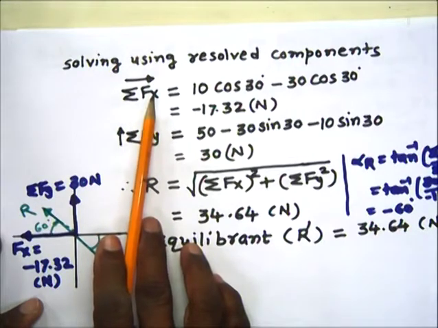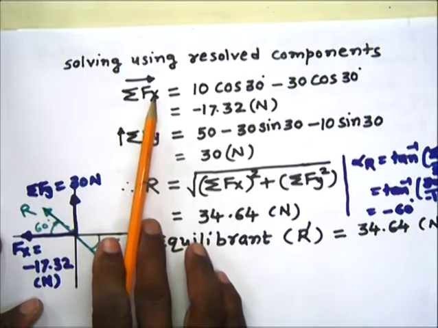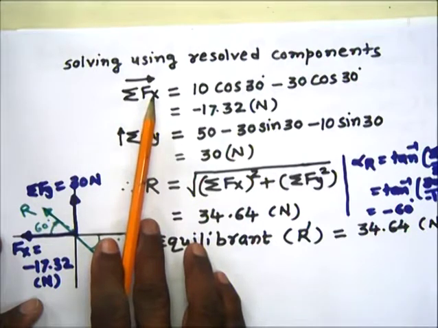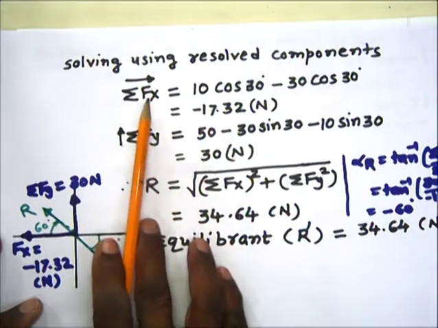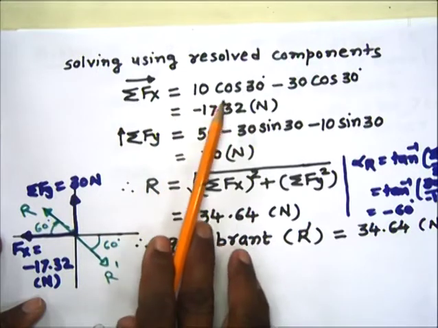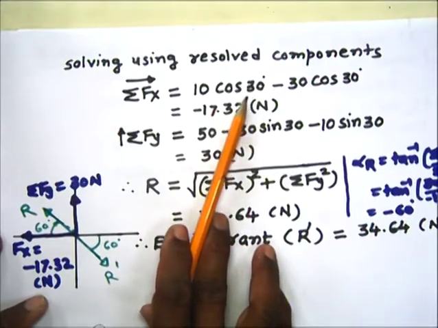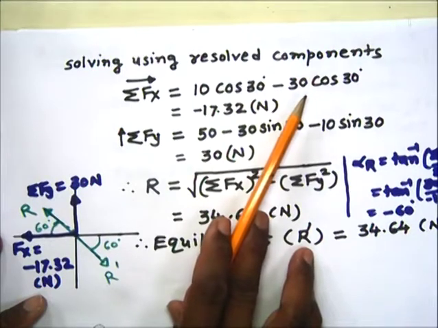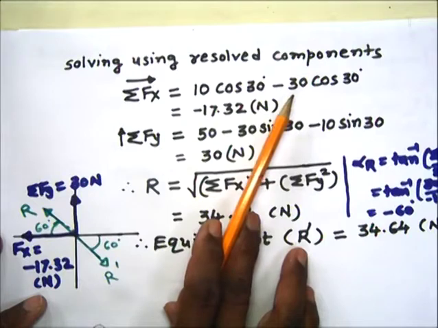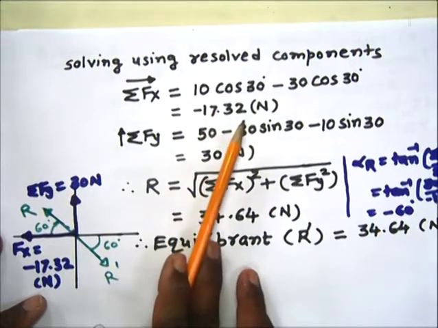Because we have taken angles separately with either the positive or negative x-axis, we need a sign convention for summation. If all angles were taken with the positive x-axis, then the sign would be automatically taken care of. So sigma fx is: 10 cos 30 acting towards the right, so plus, minus 30 cos 30 acting towards the left on the x-axis, so minus, and the total of this on calculating gives 17.32 Newton.